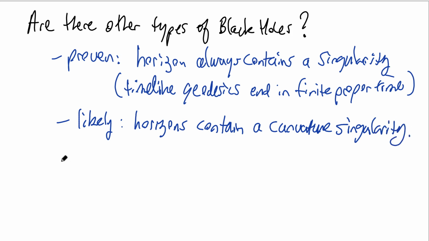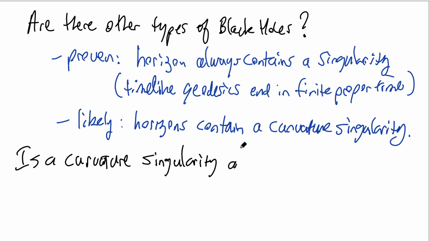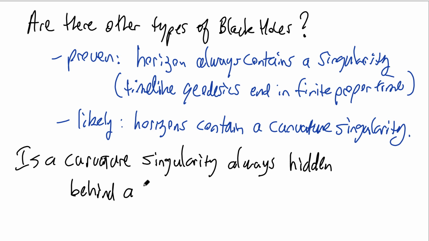Now we can turn this around and ask the question, is a curvature singularity always hidden behind a horizon? A curvature singularity that's not hidden behind a horizon but can be seen by observers out to infinity is referred to as a naked singularity.